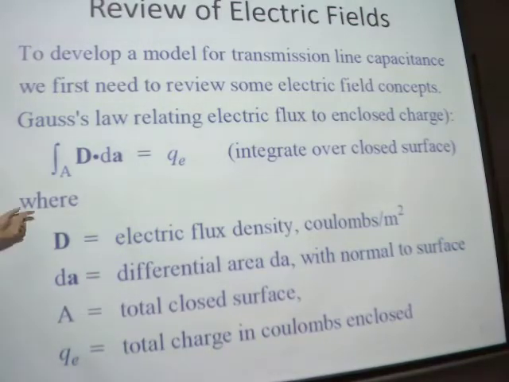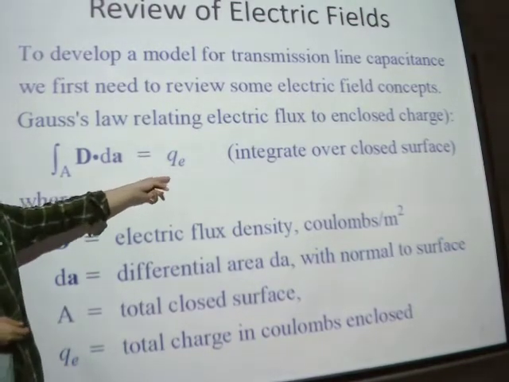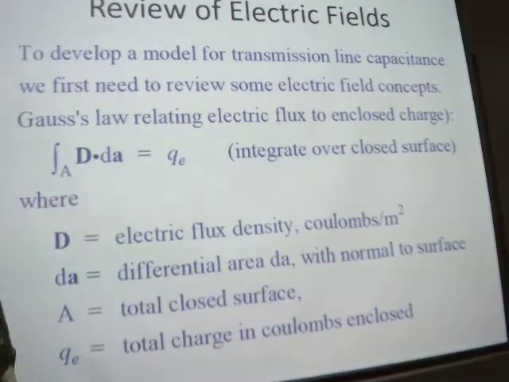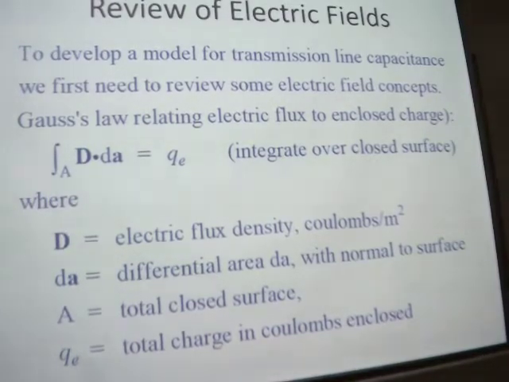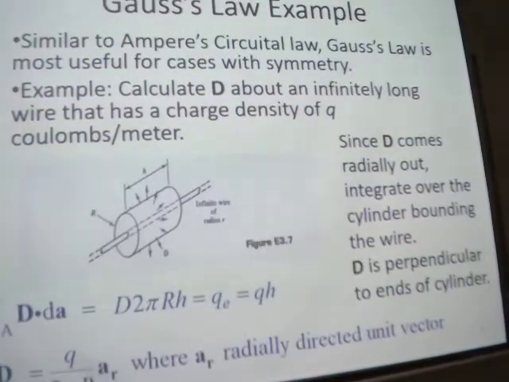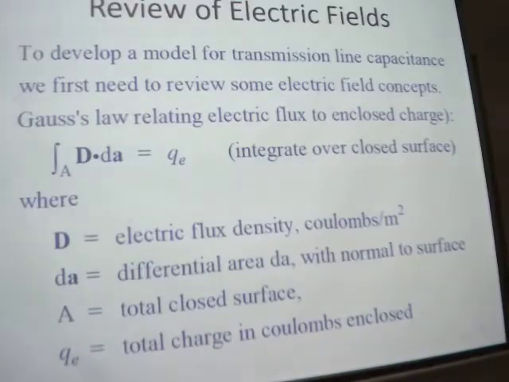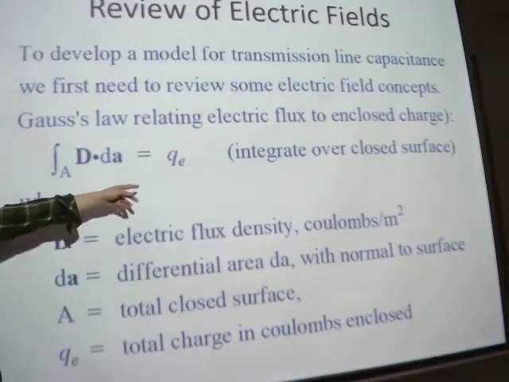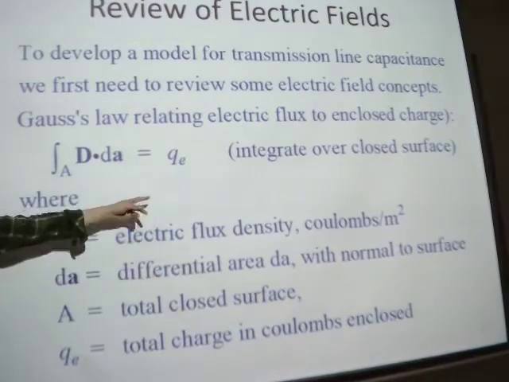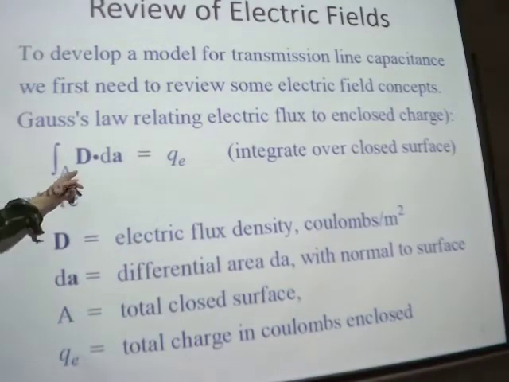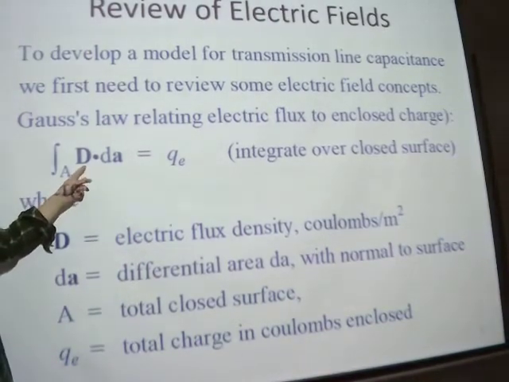So the Gauss law over here: Q_E is the electric charge, and D is the electric flux density.